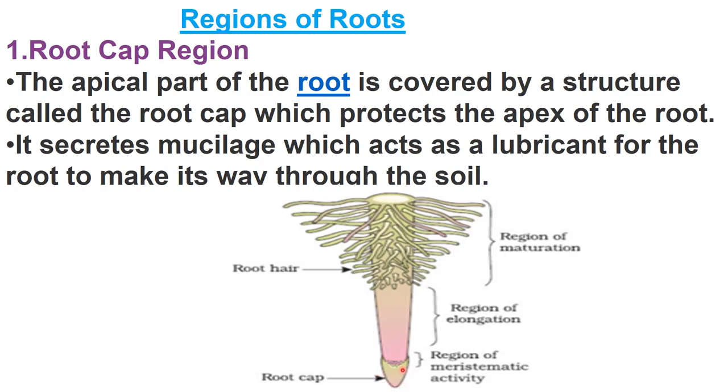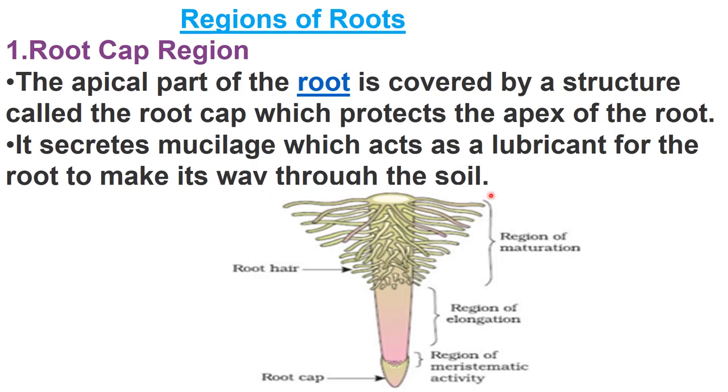What is the function of this root cap now? It protects the apex of the root, right? It protects the apex of root, and it secretes mucilage which acts as a lubricant. How does it protect? Because this root cap secretes a mucilage. A mucilage is a lubricant-like substance. So it acts as lubricant for the root to make its way through the soil.